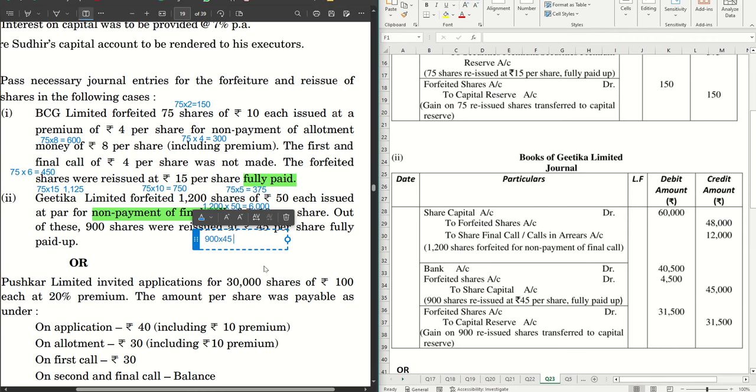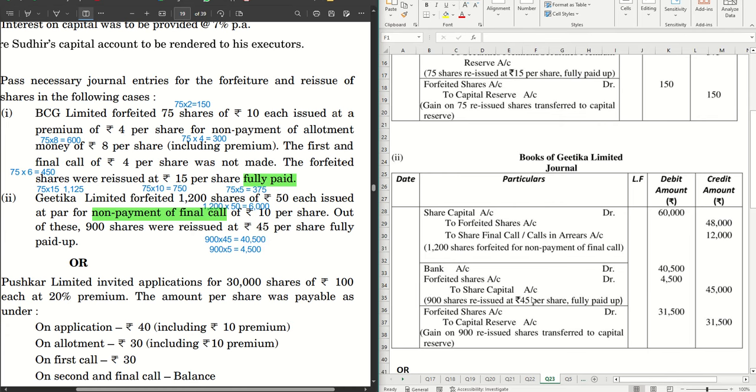That is the amount received on issuing the shares, which is 40,500. And as you can clearly see, there's a discount of 5 rupees, so that also goes here. 900 into 5, which is 4500. That is your discount on reissue.